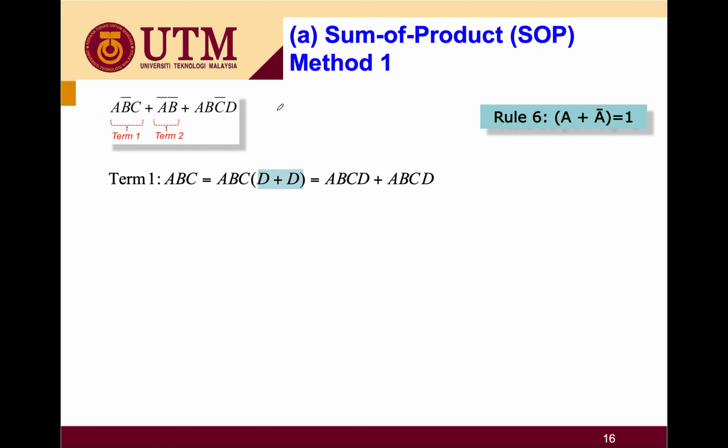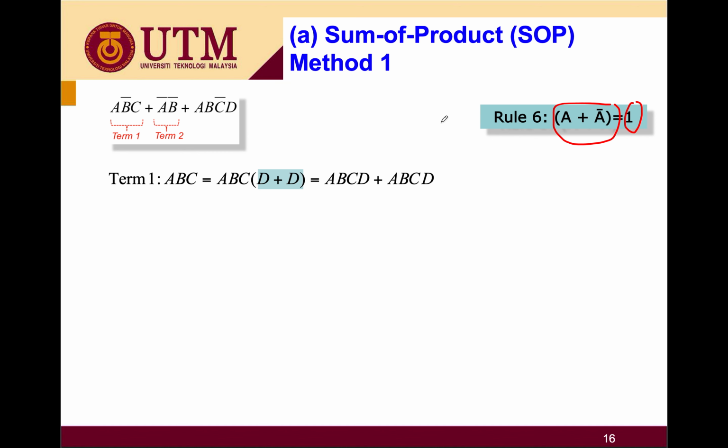Similarly, let's say you have 17, and you multiply it by 1, you still get 17, isn't it? Any number, if you multiply with 1, you will get the same. That's why you multiply with rule number 6, because it represents 1.